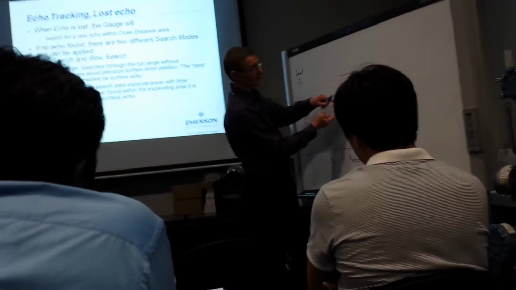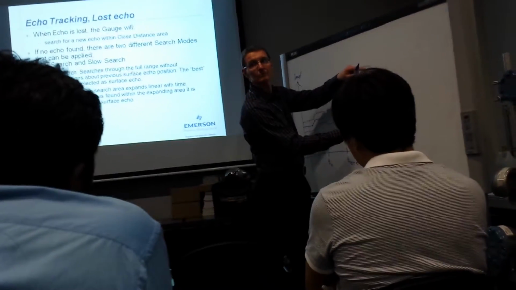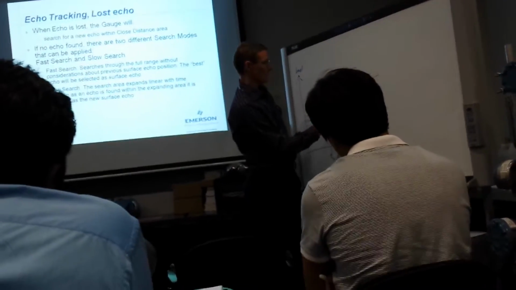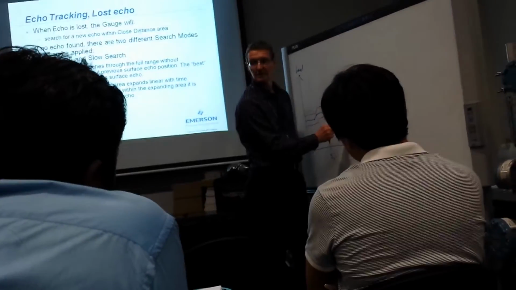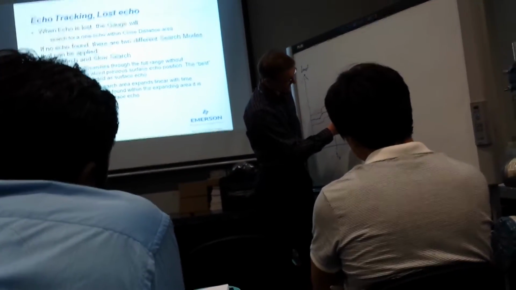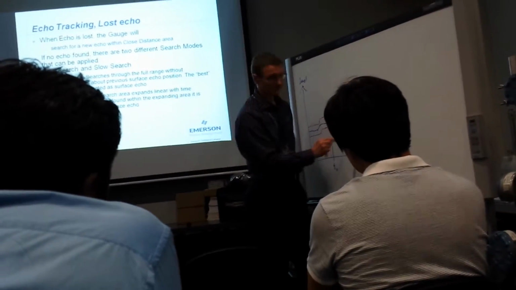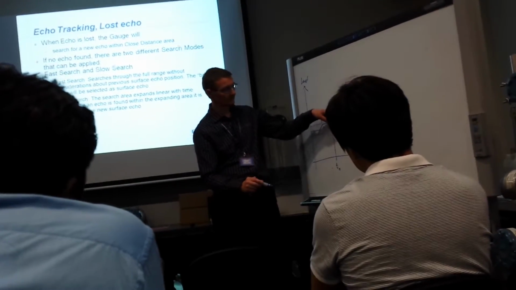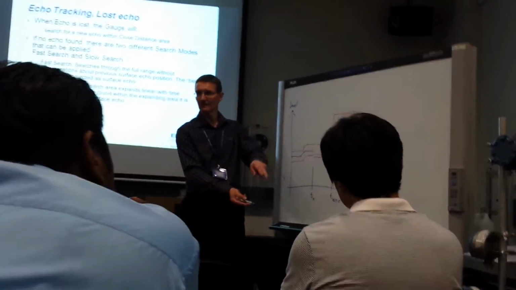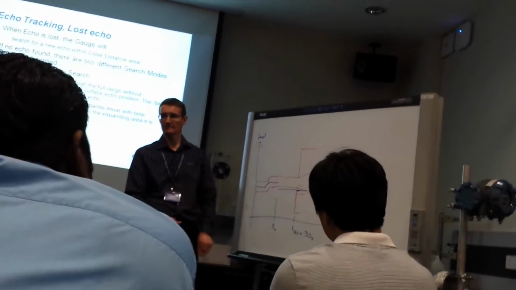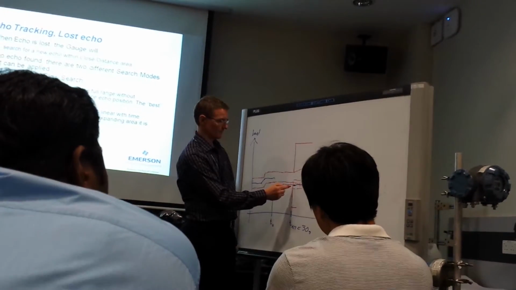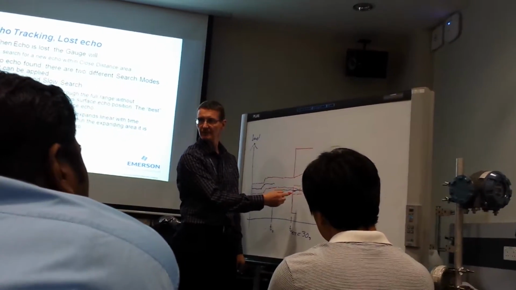It means from that point we slowly start increasing the area. So when we have a fast search, we immediately find it more or less. But here, we only find it after a certain time, when we have expanded the window to the point where the echo is. So in this case, it will take some time before we find it.